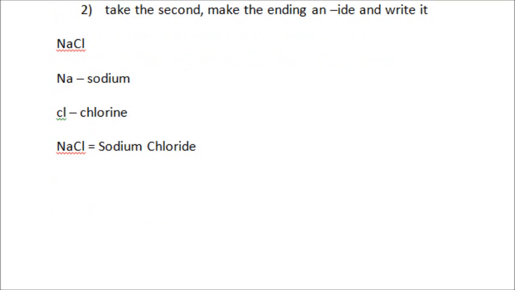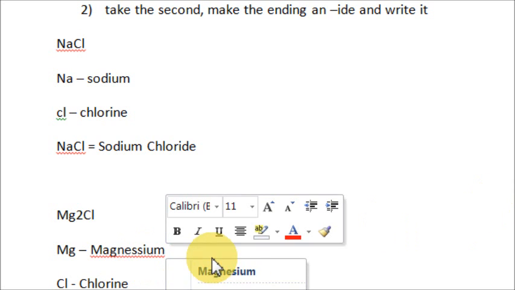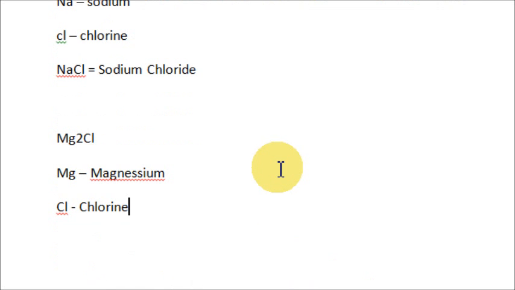What's another one? Let's see, MgCl2. We got some Mg, which is magnesium, and then we got some chlorine. So, step one, take the first name, magnesium, and write it.